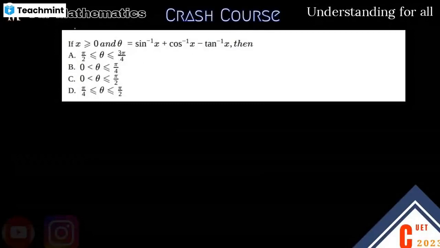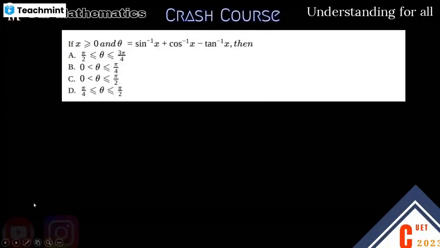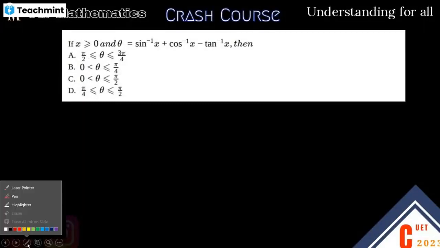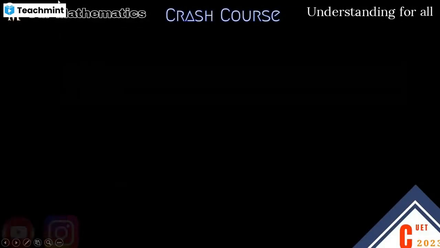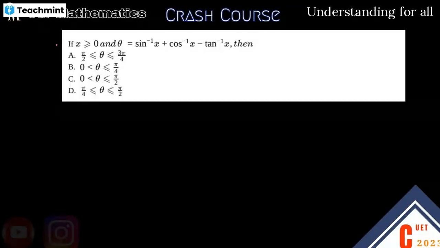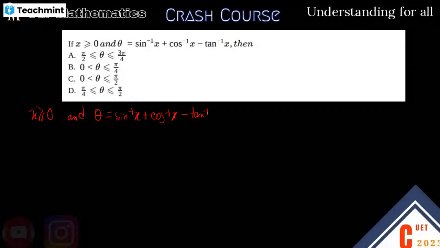Given কি কি দিয়া আছে? প্ৰথমটো আমাৰ দিয়া আছে, x is greater than or equal to 0 and theta is equal to sin inverse x plus cos inverse x minus tan inverse x, right?